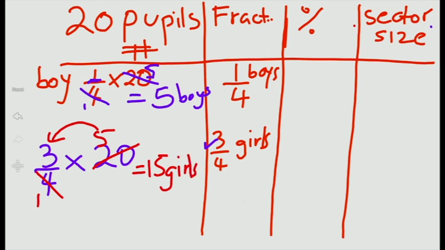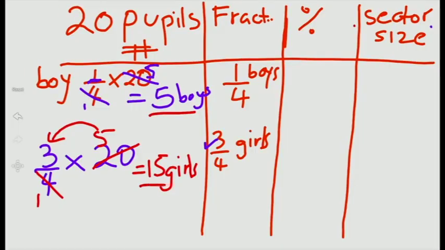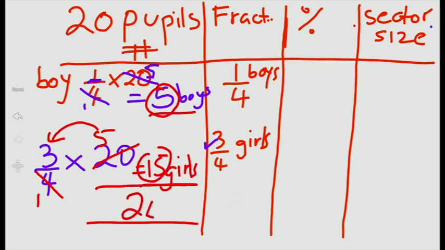15 girls. We can check if we are correct by adding the number of boys to the number of girls. Remember, our total number of everybody in the classroom needs to be 20 pupils. So the 5 boys plus the 15 girls gives us 20 pupils.